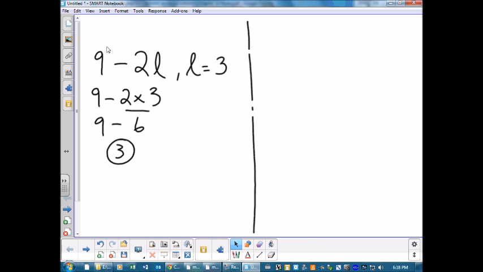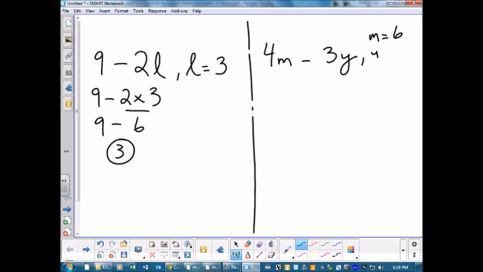Okay, how about this one? 4m minus 3y. Ooh, Mr. Lowe, that's crazy. m equals 6 and y equals, let's go 5.